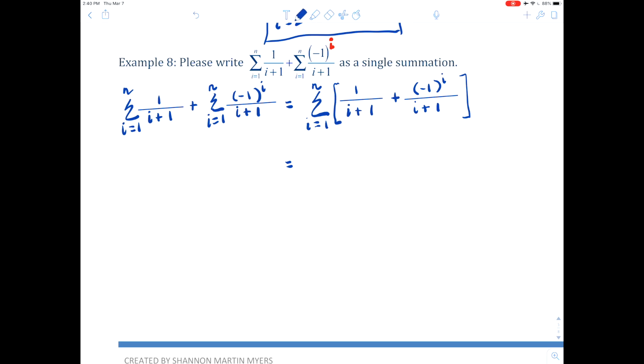Actually, let's write one more thing. We can simplify this to one happy fraction, right? The sum from i equals 1 to n of 1 plus negative 1 to the i over i plus 1.